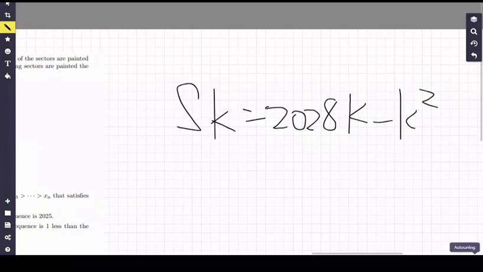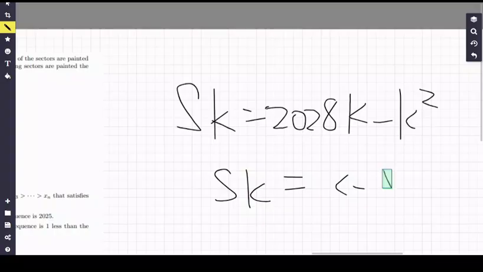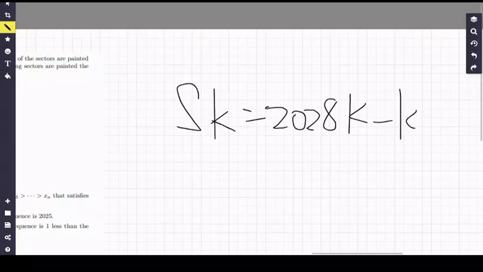Also, s_k is equal to s_{k-1} plus x_k, right? We're just making it back. This is fully equal, so we can write this out as an equivalent formula.